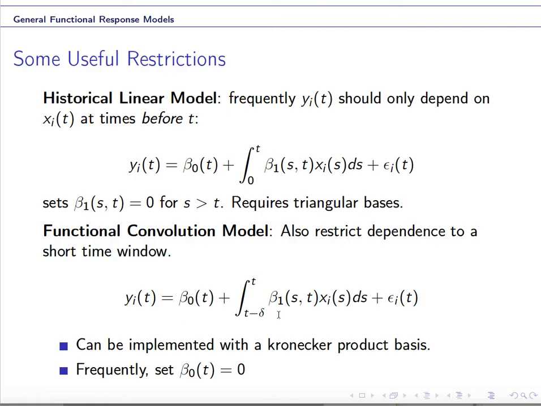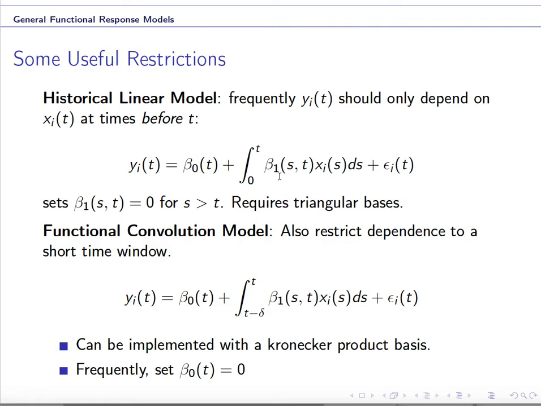For this type of model, it is more realistic, but the estimation is actually harder than for the general functional linear models. If you think about, for example, the historical linear model, beta_1(s,t) can only be nonzero when s is less than t.